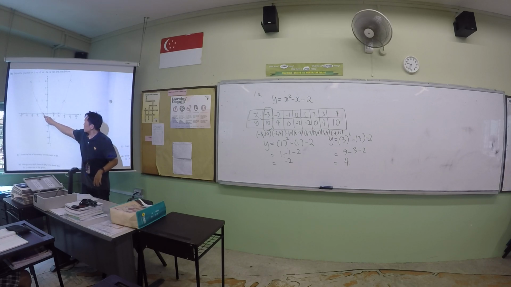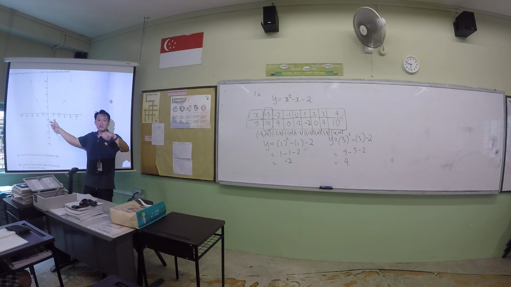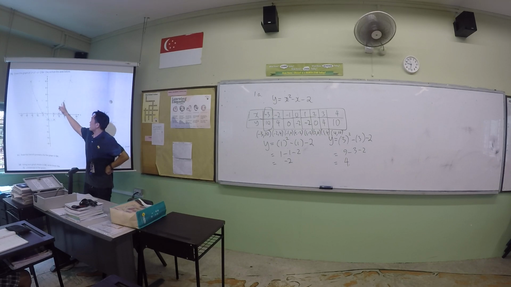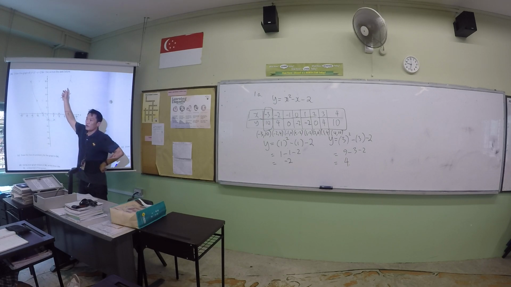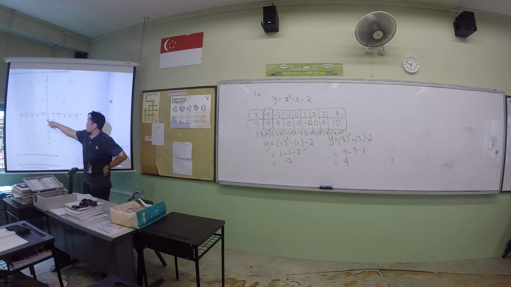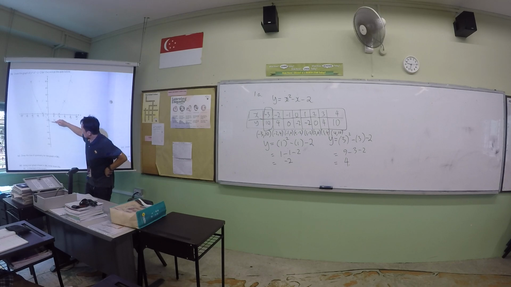So the line of symmetry is exactly in between the top 2 points. The easiest to see, because they are closest already, will be here. So it's a straight line going straight up in between these 2 points.